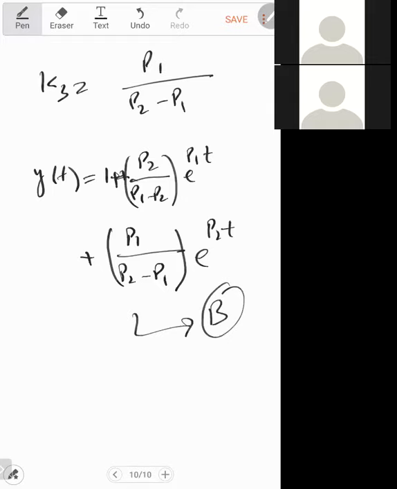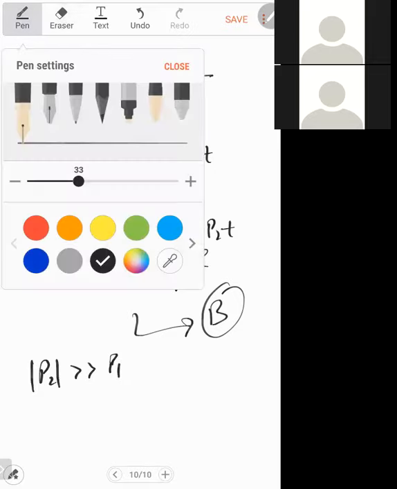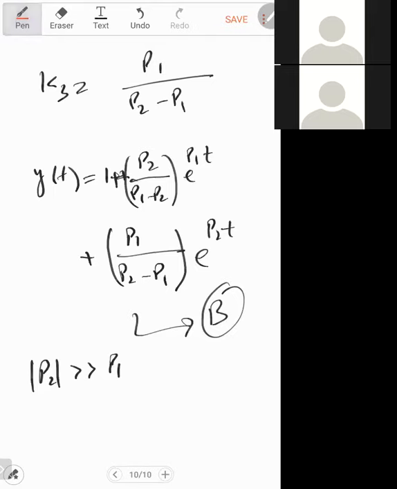But if you know that the magnitude of P2 is greater than P1, then what will happen? P1 is a very small value, so in P2 divided by P1 minus P2, the denominator will be nearly equal to P2, so this will be approximately equal to 1.